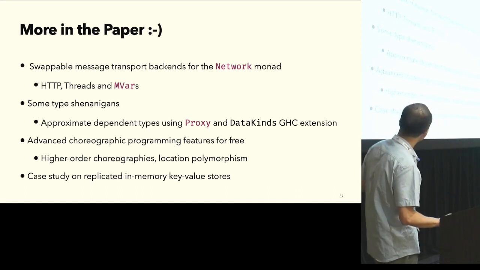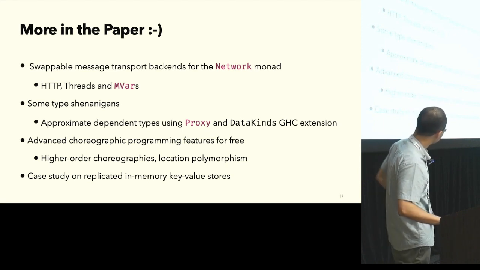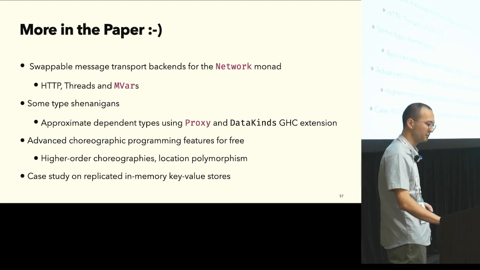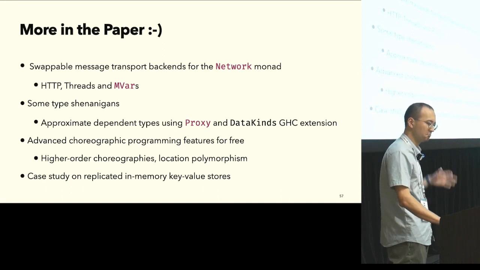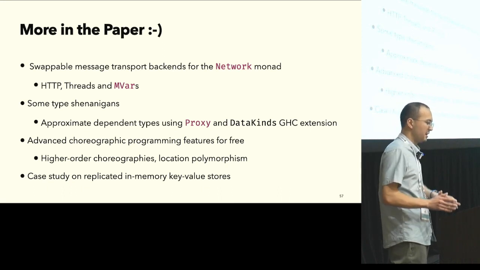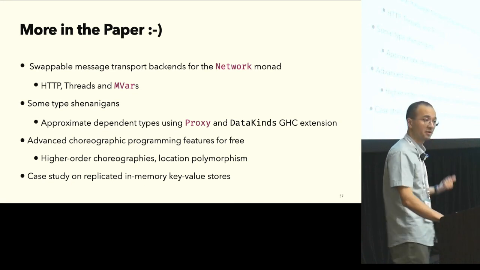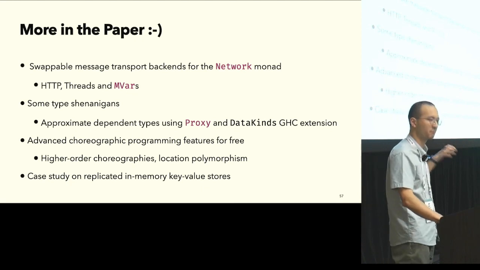And HasChor also supports advanced choreographic programming features like higher order choreographies and location polymorphism. The nice thing about this is that we didn't actually spend too much effort on implementing this because we embed this in Haskell. And Haskell is itself a higher order and a polymorphic language. So we actually get these features for free.